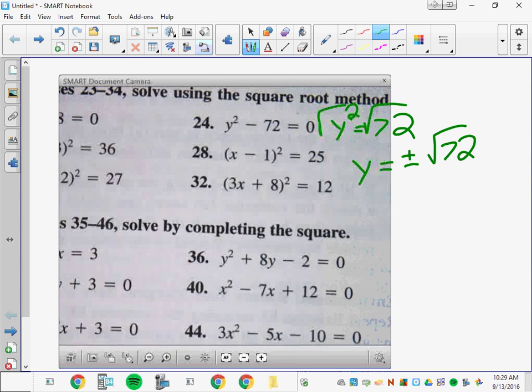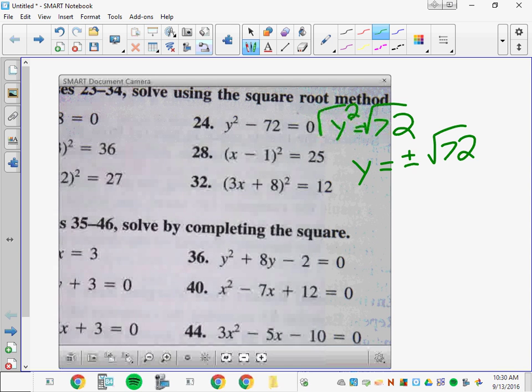Now there's a way to do it, and then there's a way to understand it. Do you guys understand what it means to simplify a square root? What you're really doing is looking for the perfect squares. What are the perfect squares out there? 1, 4, 9, 16, 25, 36, 49, 64, 81, 100, 121, and so on. Okay?